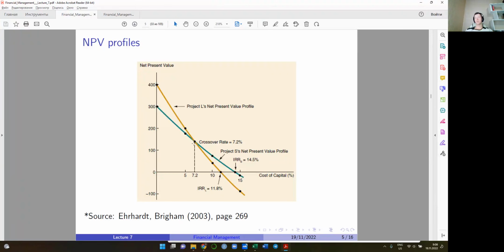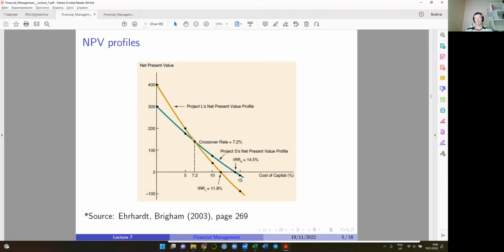There is one more point, which is called here crossover rate. So you see that at this point is 7.2, and at this point both lines intersect. So what is special about this crossover rate?